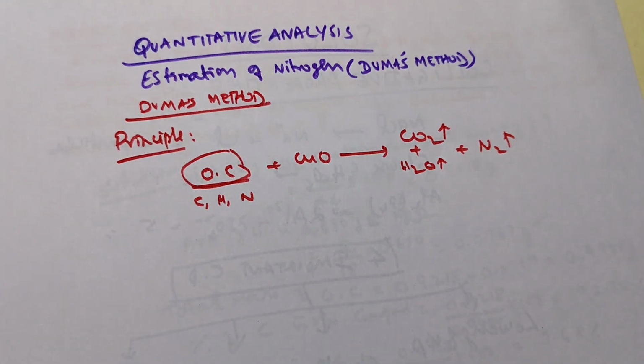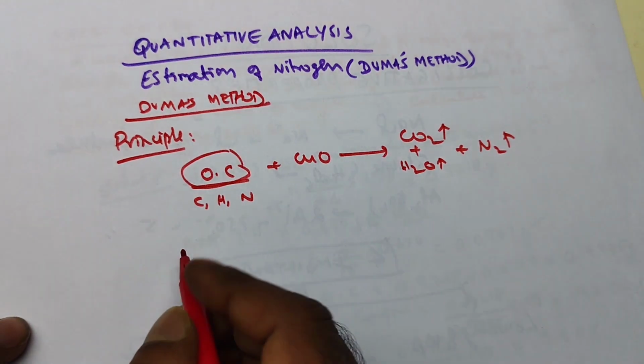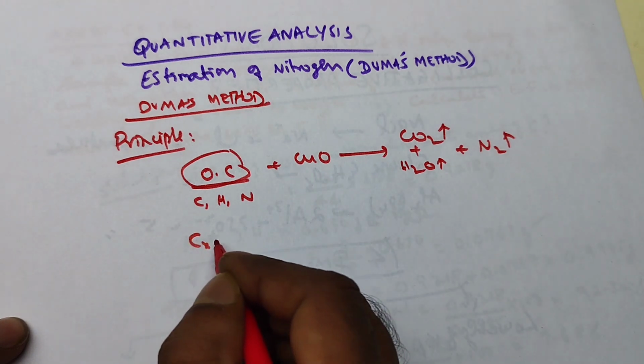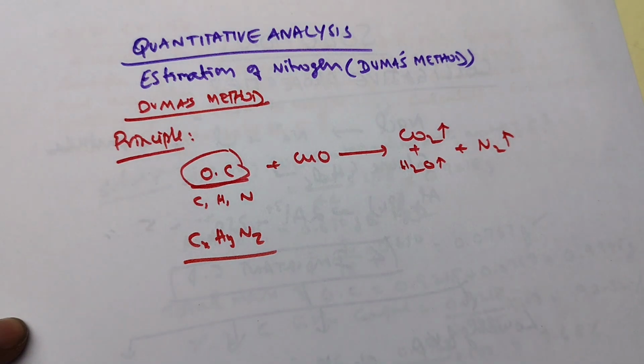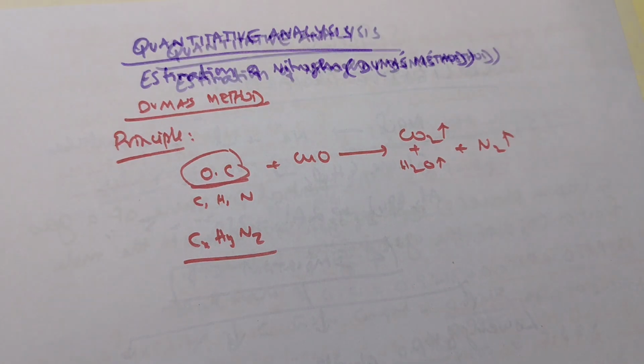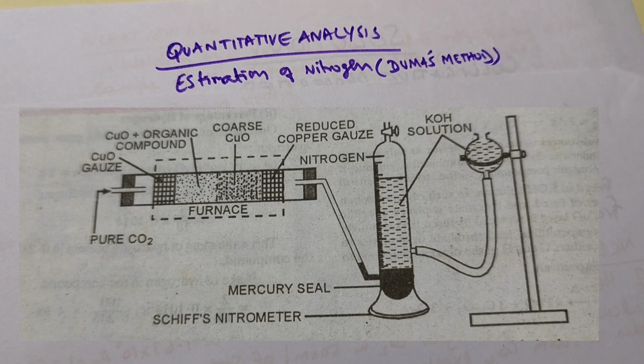Suppose an organic compound contains the elements CxHyNz. We have to find out how much nitrogen is collected during this Dumas method. As shown in the figure, there are important parts in the apparatus for the estimation of nitrogen by Dumas method.